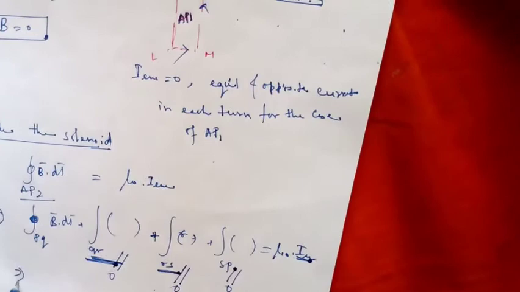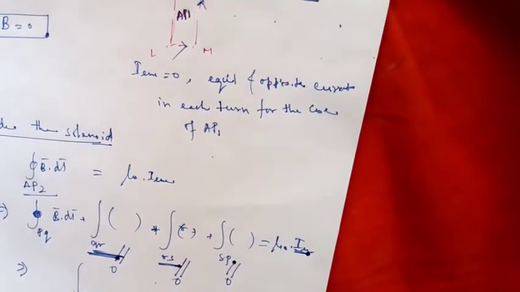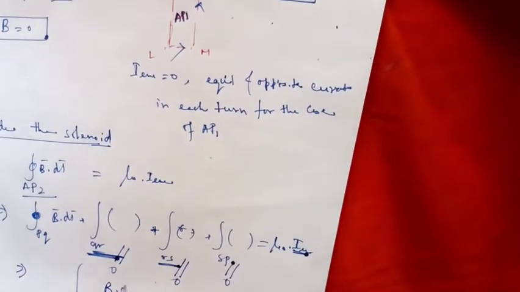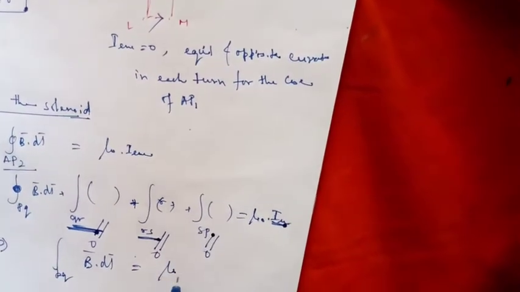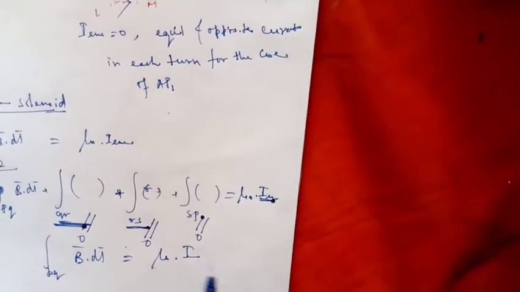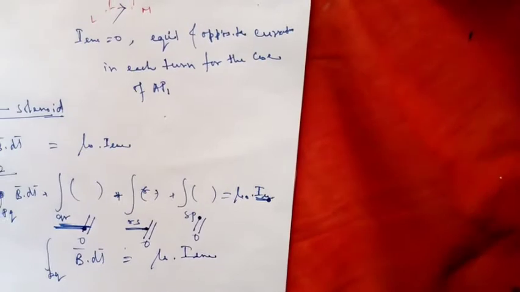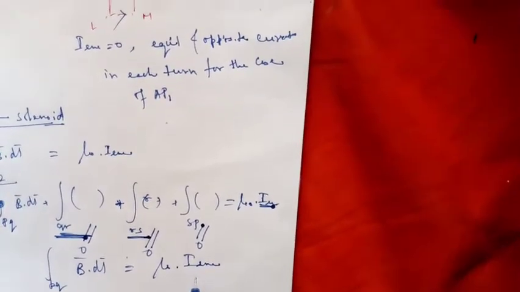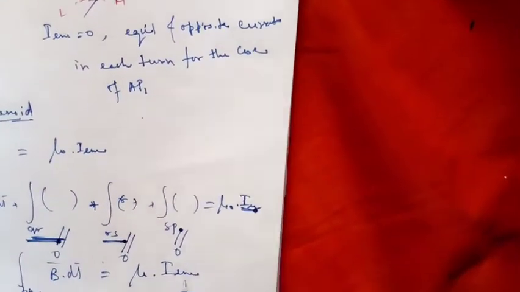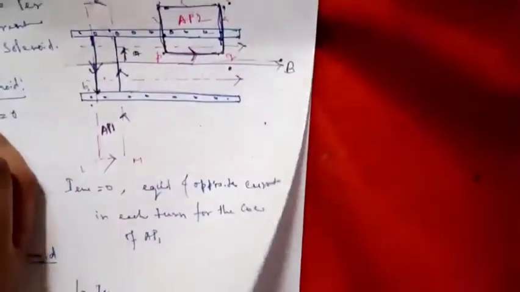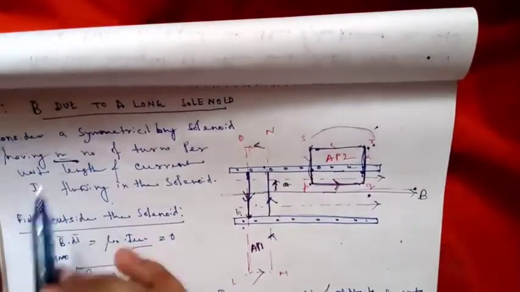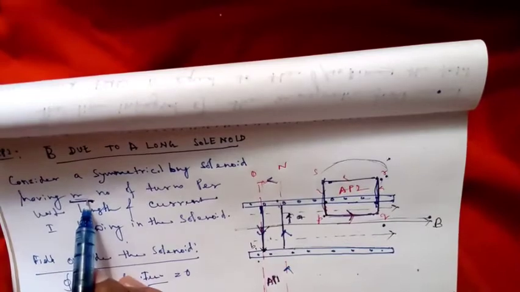So finally our equation takes a simple form: mu 0 times I enclosed. Now initially I mentioned that small n is the number of turns per unit length.